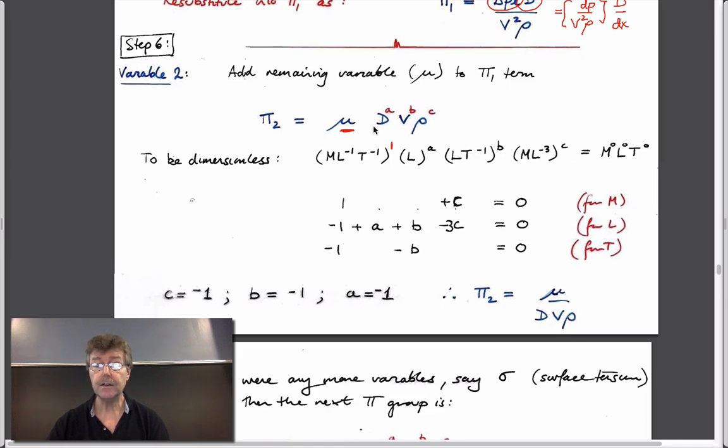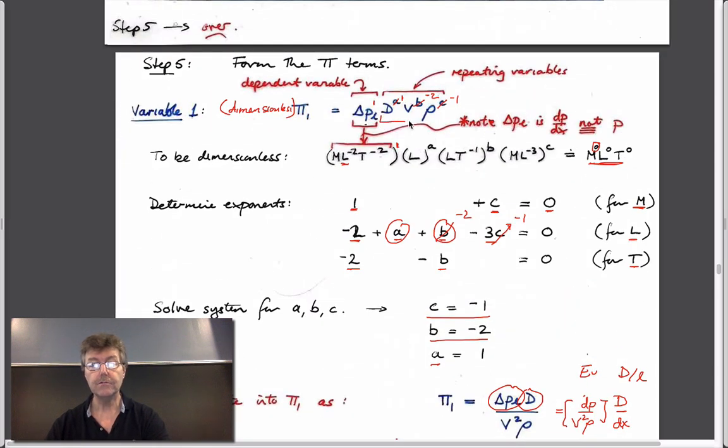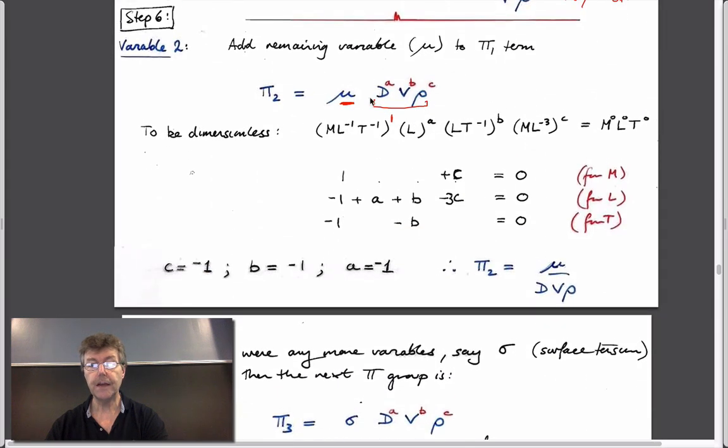So actually, this term really hasn't changed from before, right? If you look at this, so much of this recipe is going to be the same. So diameter, velocity, and density is still diameter, velocity, and density. And so all that's changing is this front variable.